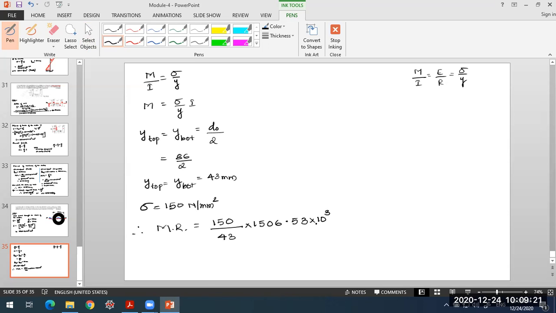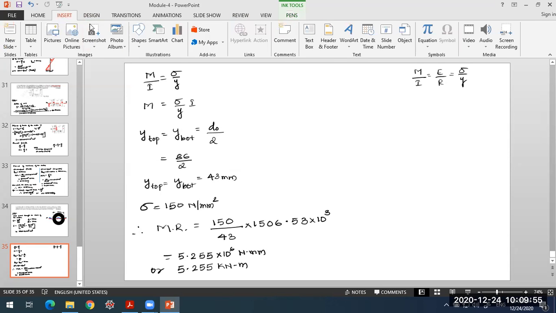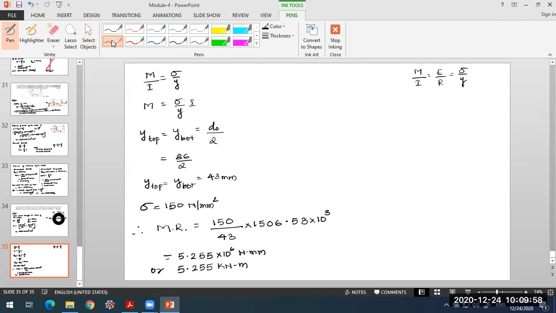How much is the moment of resistance in this case? That comes out to be 5.255 into 10 raised to 6 Newton mm, or 5.255 kilonewton meter.